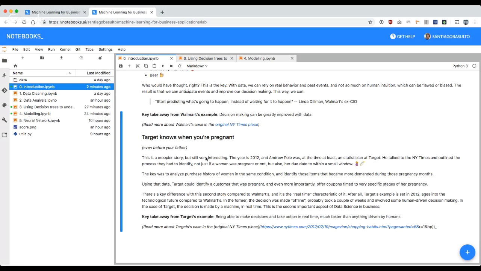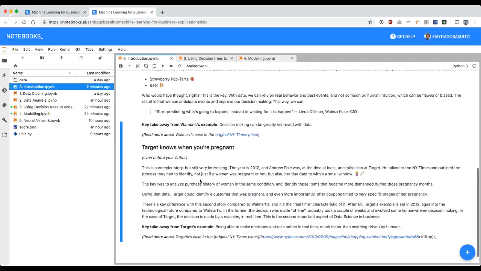And there is a big difference here in terms of decision making, and this is the second important application of data science and business. And it's also kind of relative to the time these two events happen. The case of Target is actually set in the year 2012, and there is a very important component to it, which is real-time decision making.